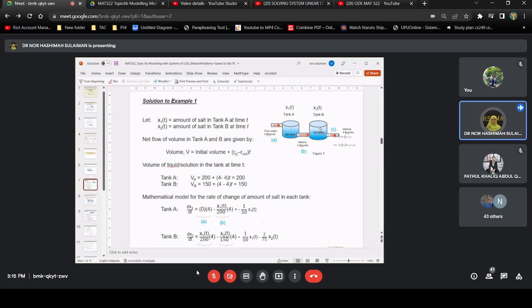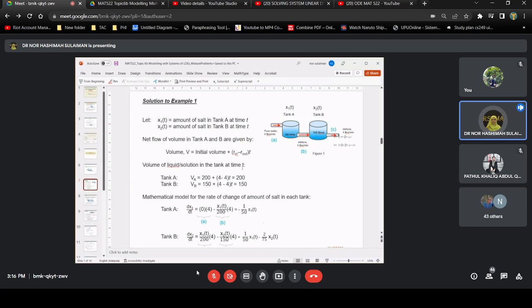Apa yang kita boleh buat di sini adalah kita labelkan, yang ini kita labelkan sebagai A, yang larutan yang keluar ni sebagai B, dan yang keluar daripada tank ni adalah C, supaya kita boleh highlight kat mana yang ni. Okay, the first thing is you define the variable first. You let x1 be the amount of salt in tank A at time t, and then x2 be the amount of salt in tank B at time t.